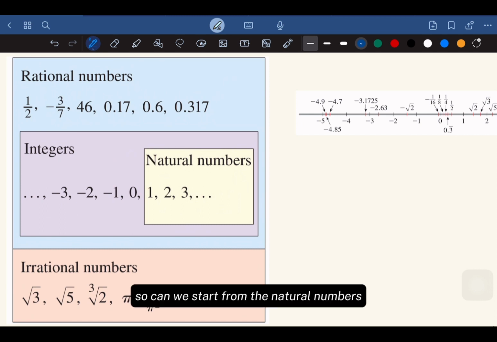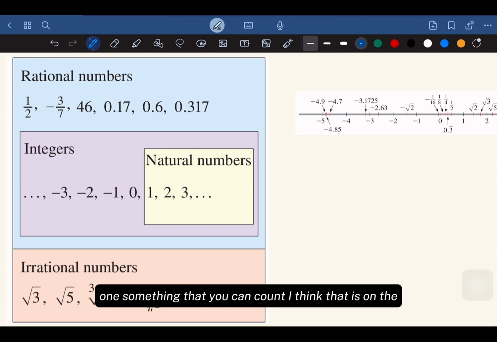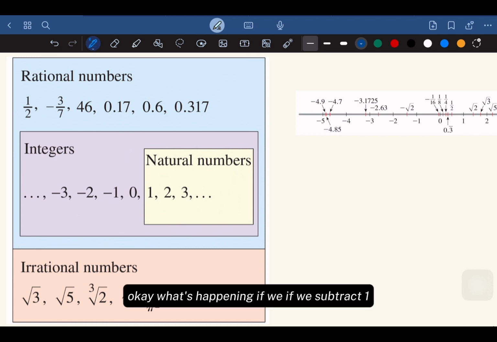So perhaps we start from the natural numbers. We explain to the kids, toddlers, okay, we have something that you can count, right? That is on the real subject. And then we learn, okay, what happens if we subtract 1 with 2, so 1 minus 2, so it should be minus, right?